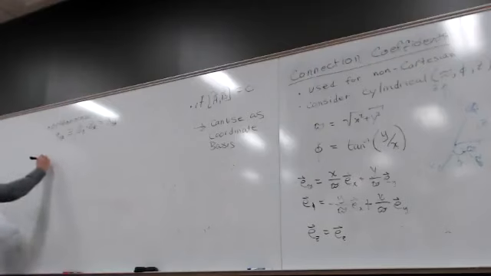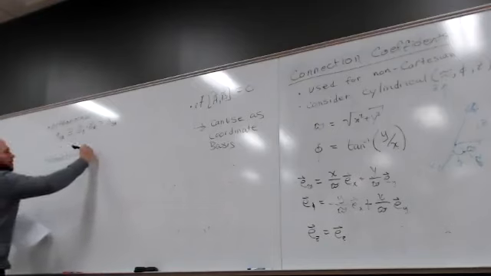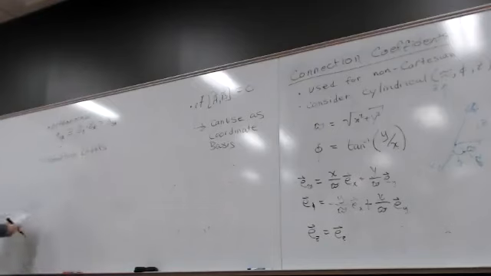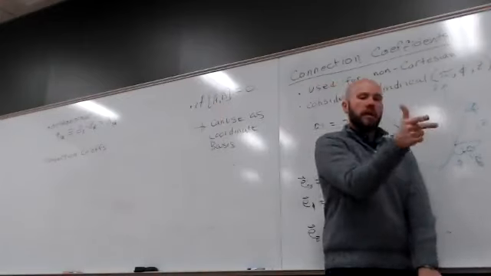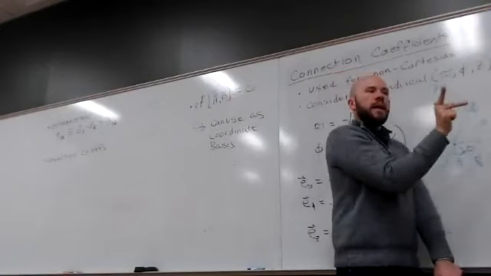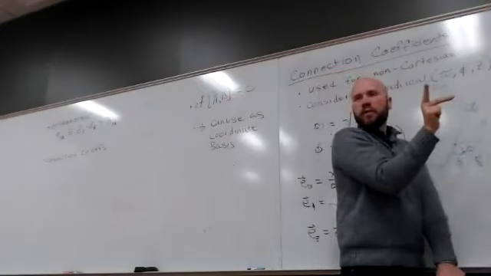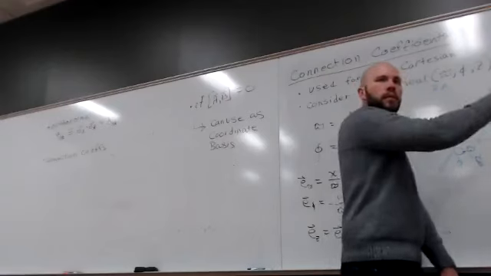So let's start talking about connection coefficients in cylindrical coordinates. The connection coefficients quantify the turning of the basis as I move from one location to another. So if I imagine in my spherical polar or my cylindrical coordinate basis, I've got an orthonormal basis at any point, right? I can plot that down. But if I were to keep the cylindrical radius fixed and change the phi coordinate, they rotate, right?